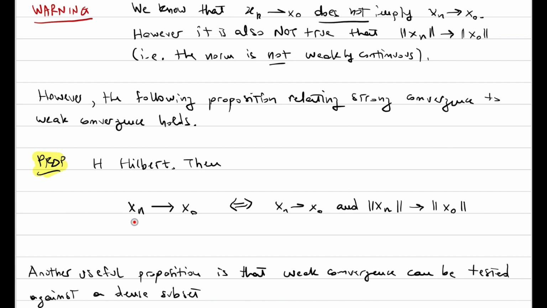Then Xn converges strongly to X0 if and only if it converges weakly to X0 and it converges in norm, meaning that the norm of Xn converges to the norm of X0, which is different from saying that this goes to 0.